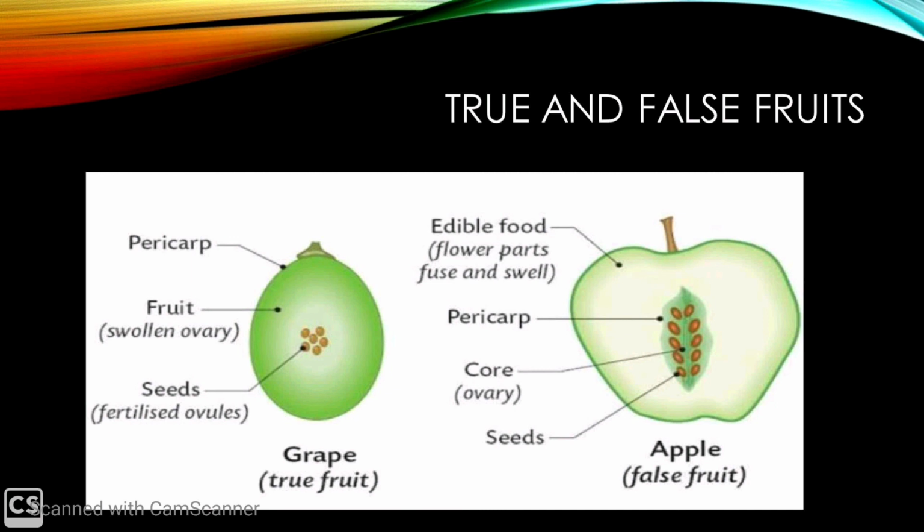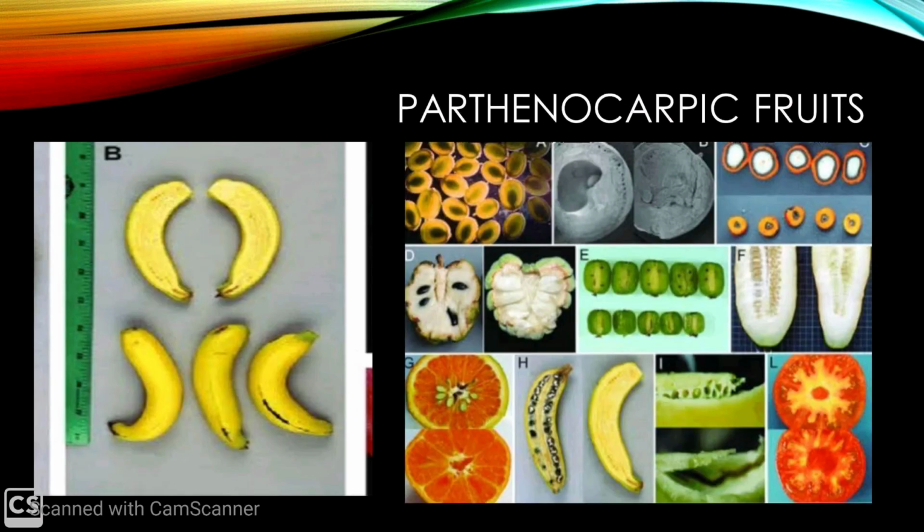While in grape, the pericarp is the outermost covering. Parthenocarpic fruits like banana. Parthenocarpy can be induced in custard apple, tomato and several other fruits in order to obtain seedless fruits, which are very favorable and in demand.